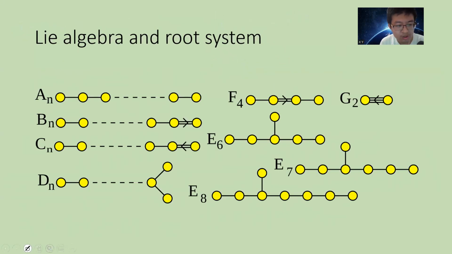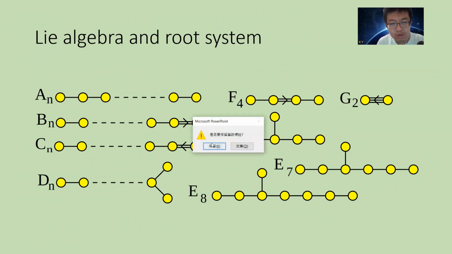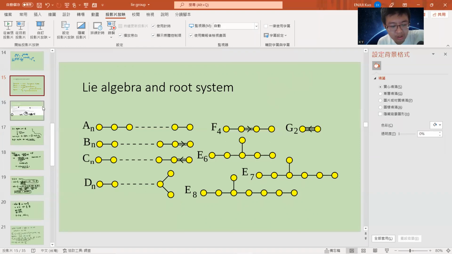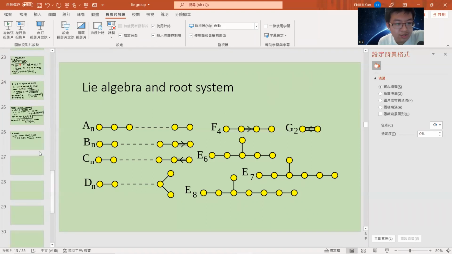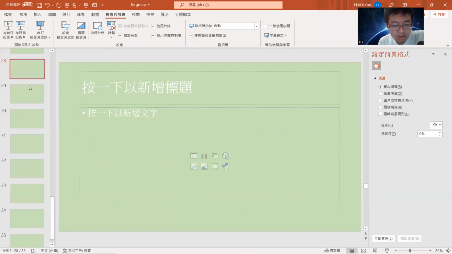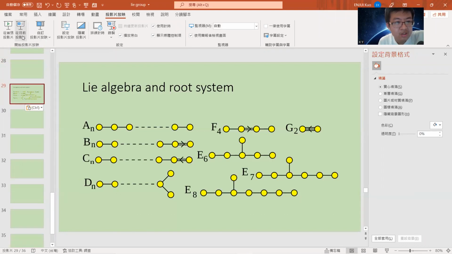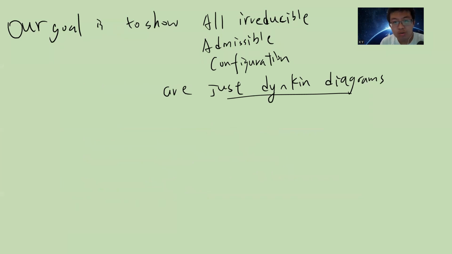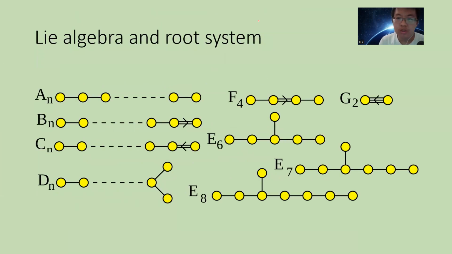Let me quickly copy this PowerPoint so that we understand what we are going to do. Okay, so this is our goal. We want to show that all the irreducible admissible configurations are just inside this diagram.